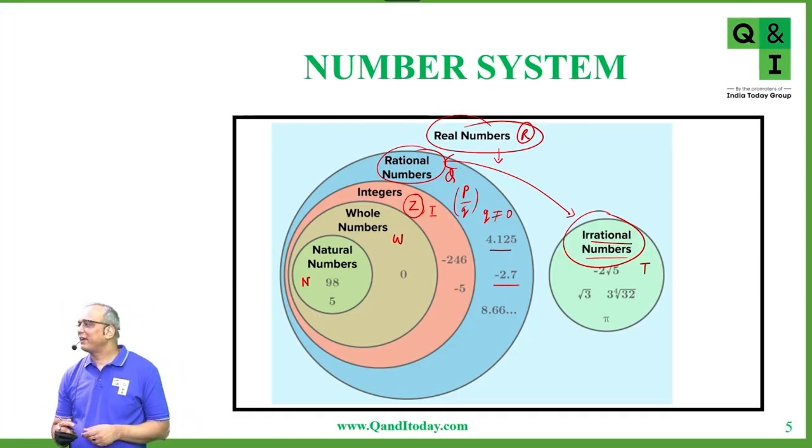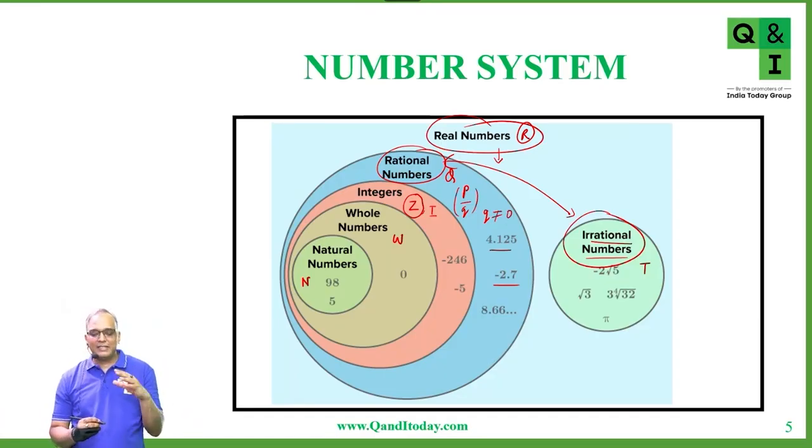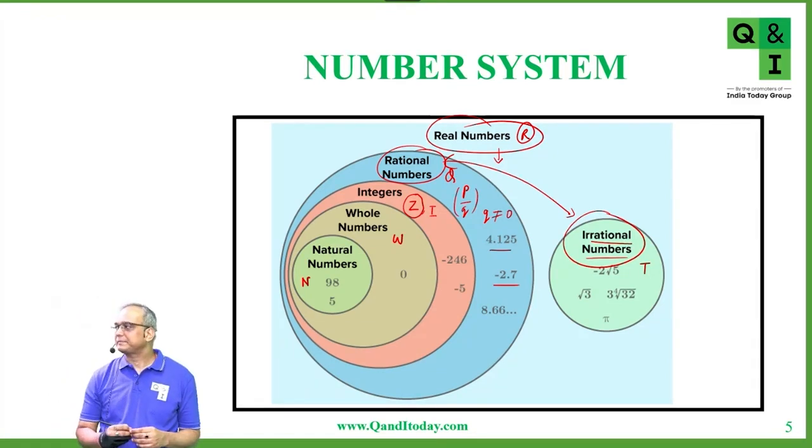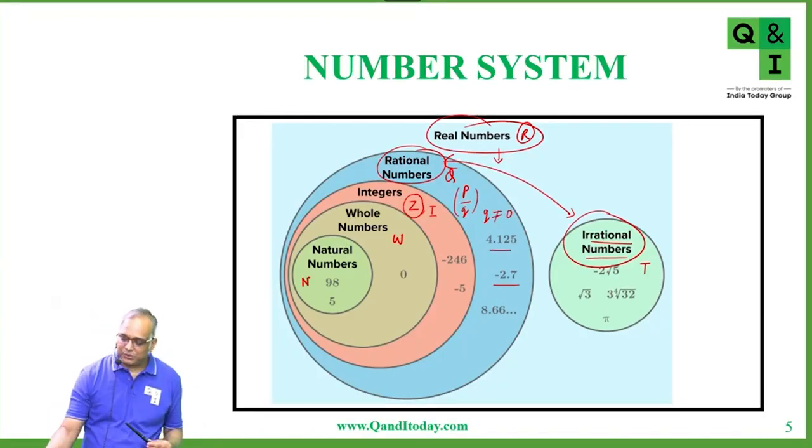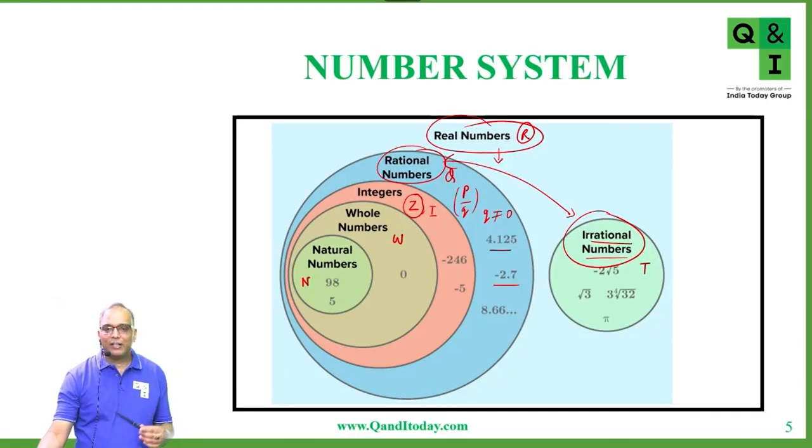Sanjeev, you have asked what about I? Integers can be represented by capital Z and also by capital I. Okay, let's go ahead, students. We'll see the basic definition of each one by one.